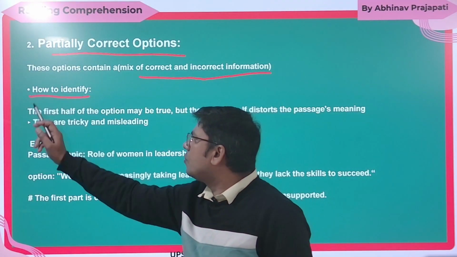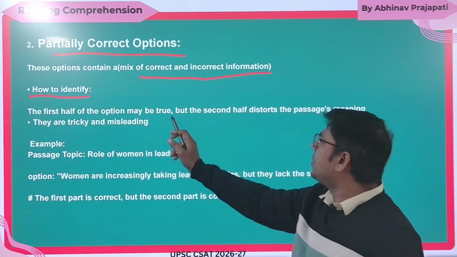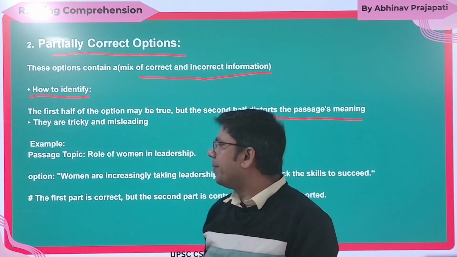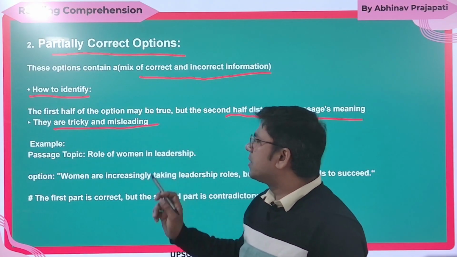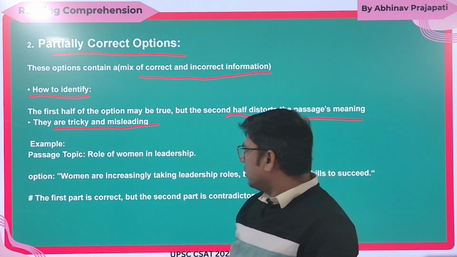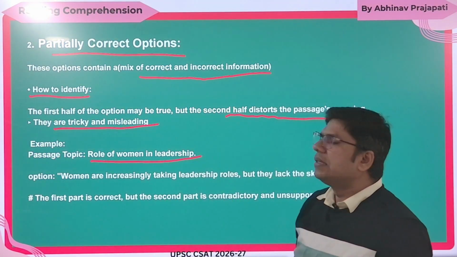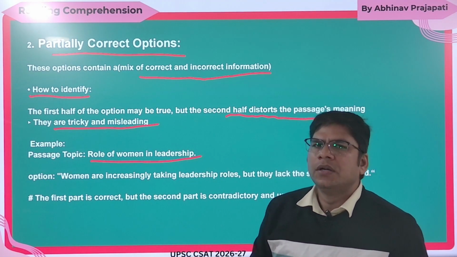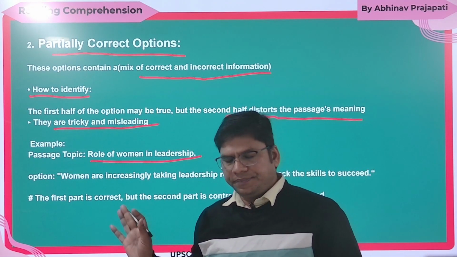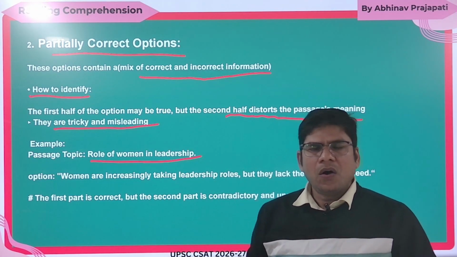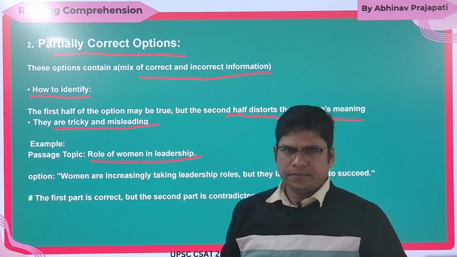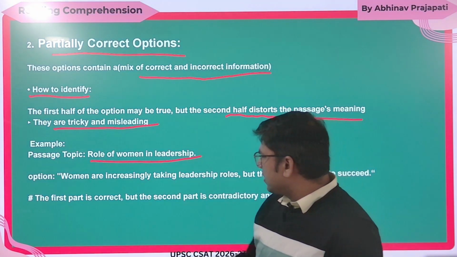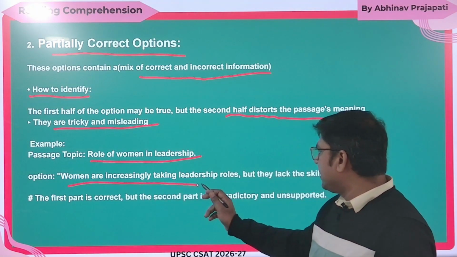So how do you identify them? The first half may be true, but the second half distorts the passage's real meaning and core argument. They are tricky and misleading, so we should avoid them. You can see an example: the role of women in leadership. In this passage, the author might have discussed all the positive things about women in leadership roles, but the option says women are increasingly taking leadership roles.